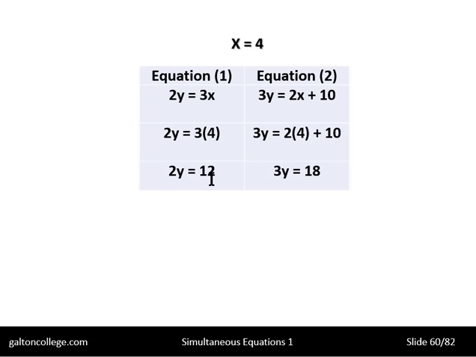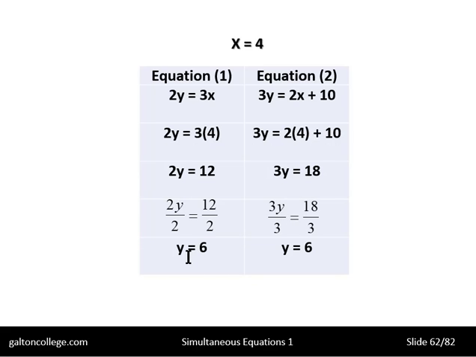So we've got 2y is equal to 12, and 3y equals 8 plus 10, which is 18. Divide by 2 and divide this one by 3. So y is equal to 6 and y is equal to 6.